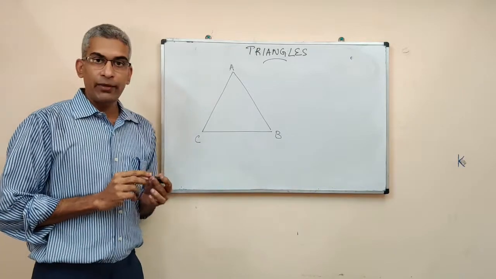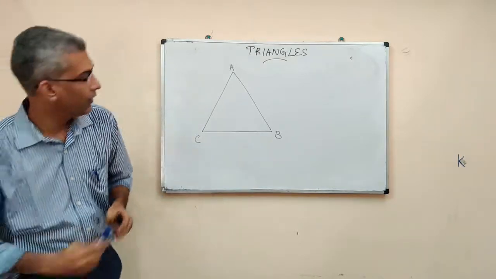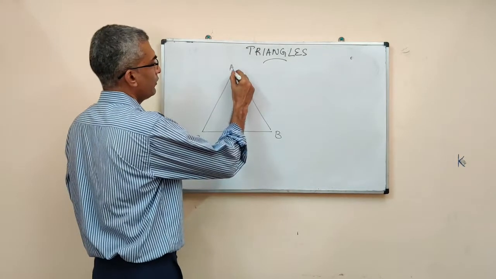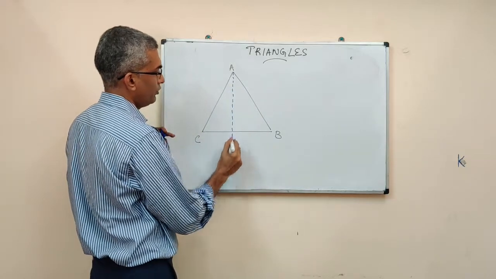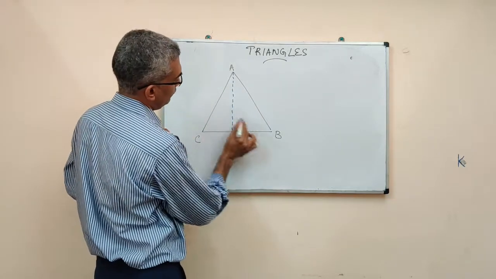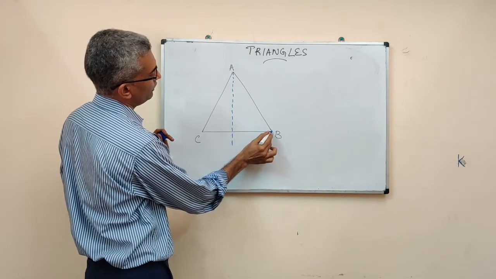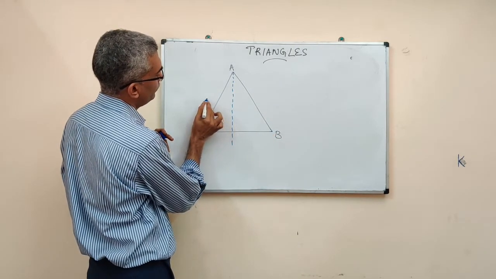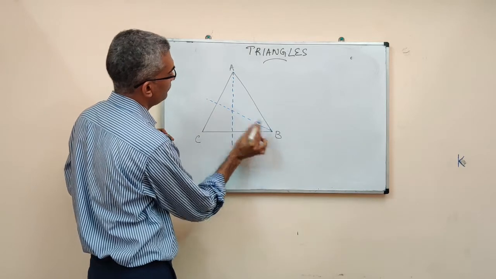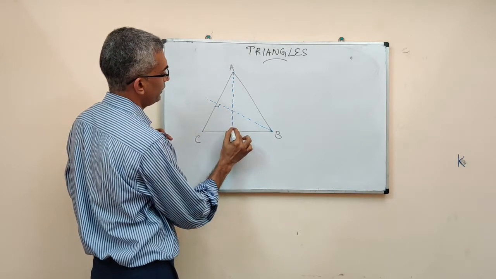There is a triangle ABC. I am drawing the altitude from all the three vertices. Altitude means the angle should be 90 degrees over here. This is 90, this is 90.